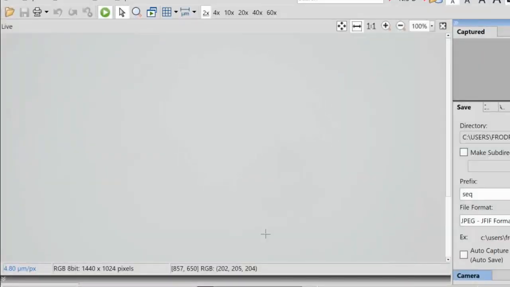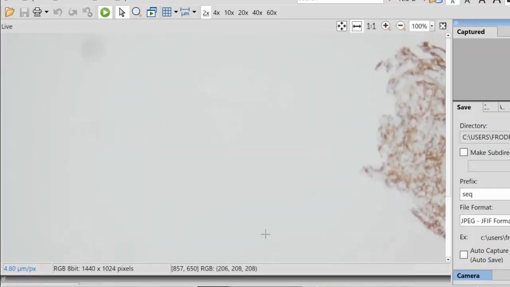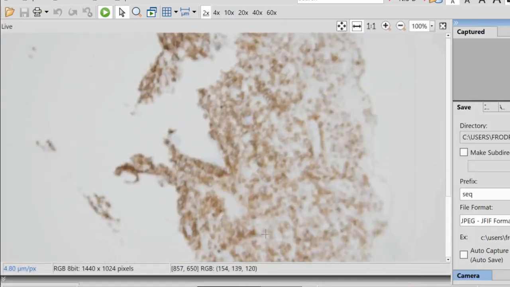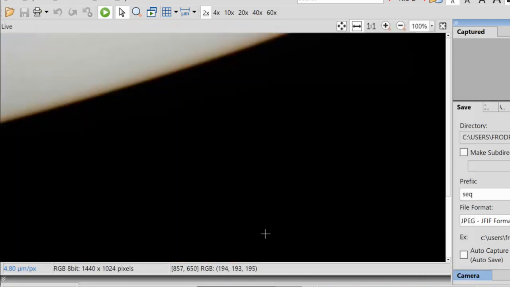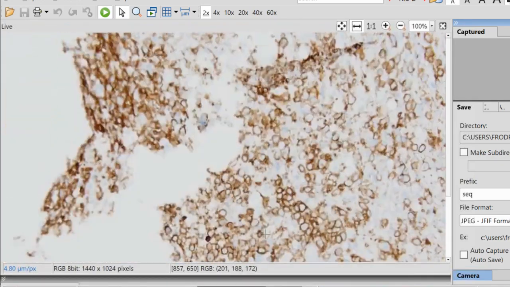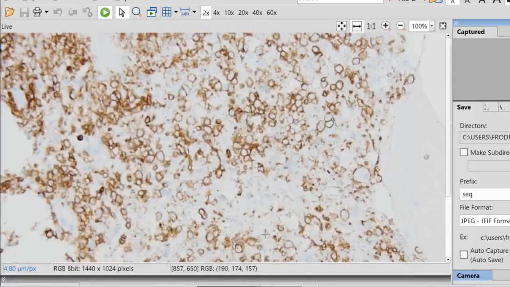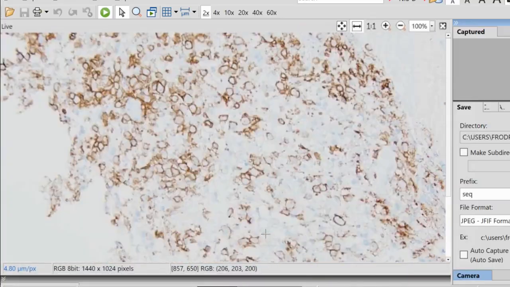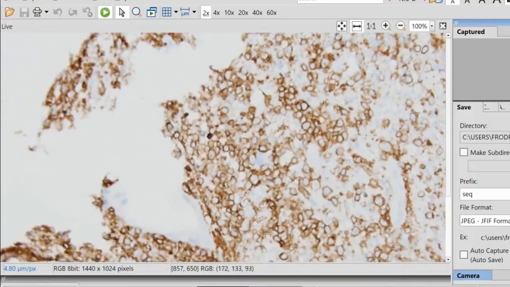And of course, if you had to do one stain, it will be CD20. And you have it here. You can see many more cells than you see with the H&E that are large and strongly and uniformly CD20 positive.